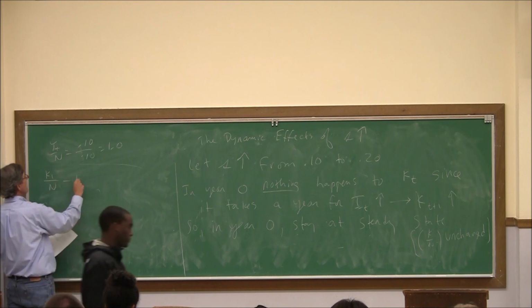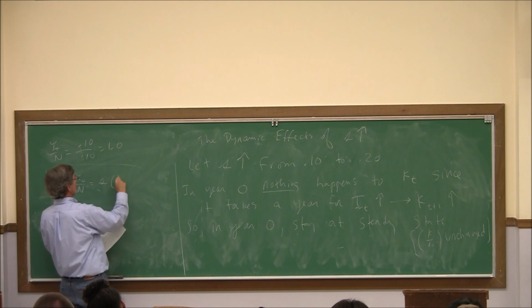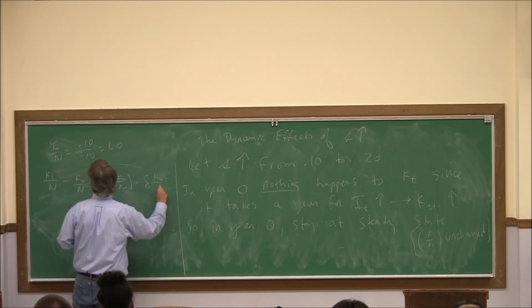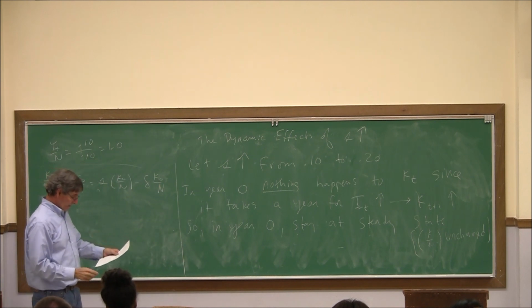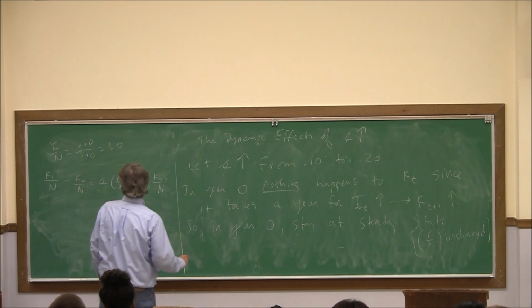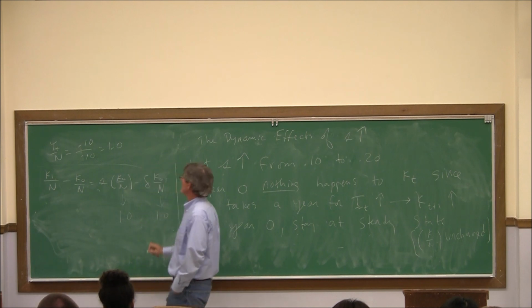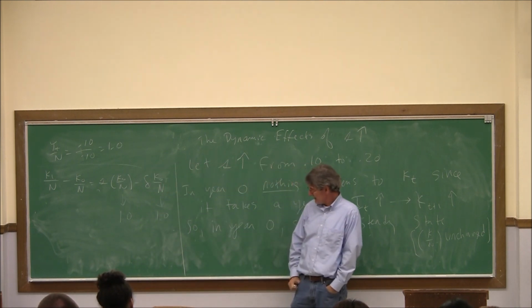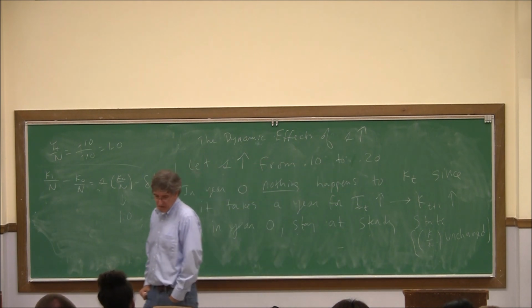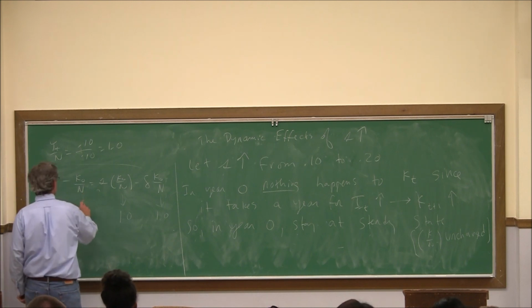K1 over N minus K0 over N must be S times K0 over N minus delta K0 over N. These are 1.0, and this is 1.0.